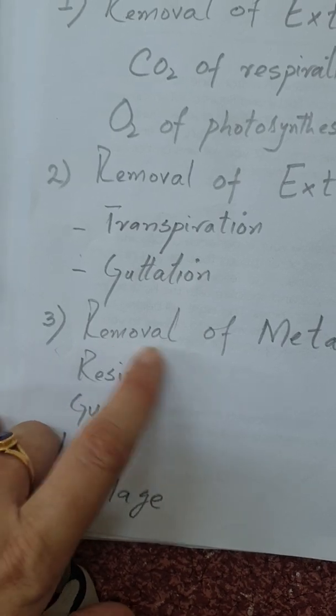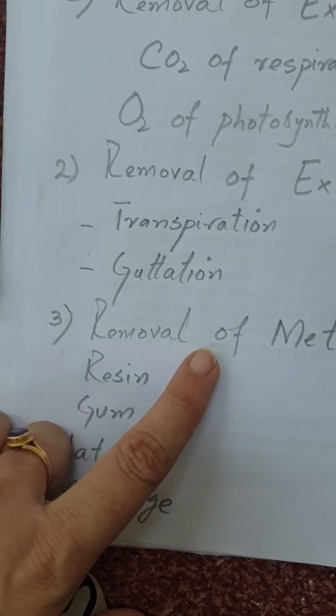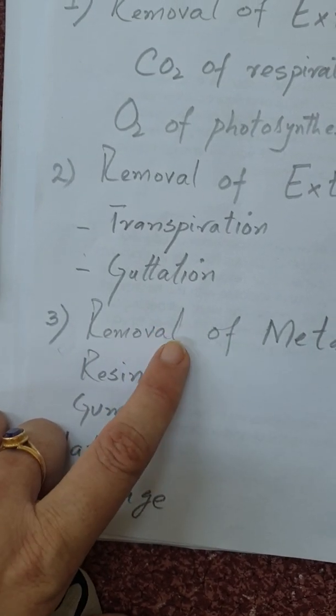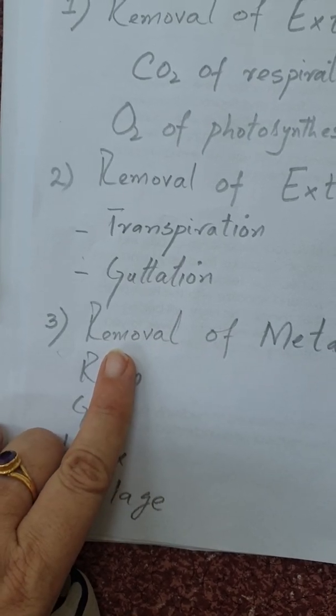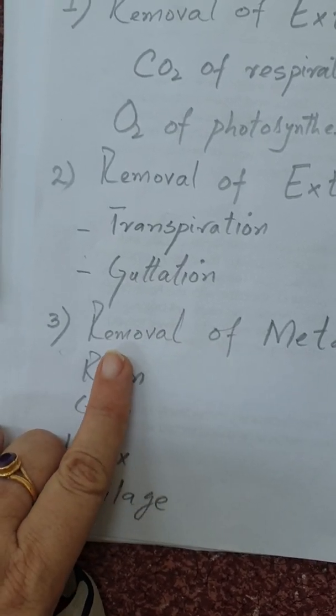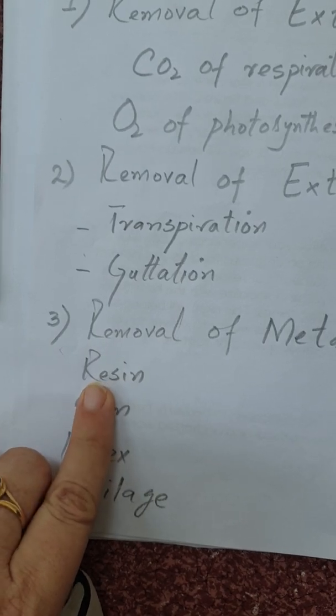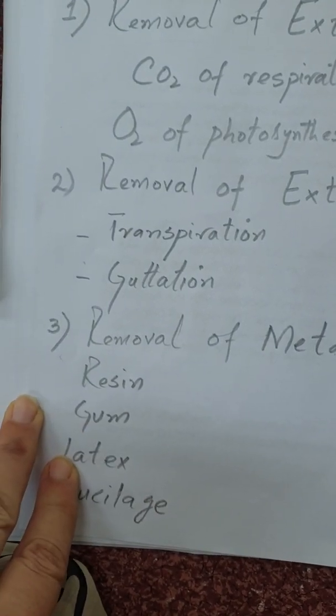Especially, metabolic waste is collected in the leaves, and then the leaves are dropped from the plant, and they act as fertilizer for the soil, because the material is returned to the soil.